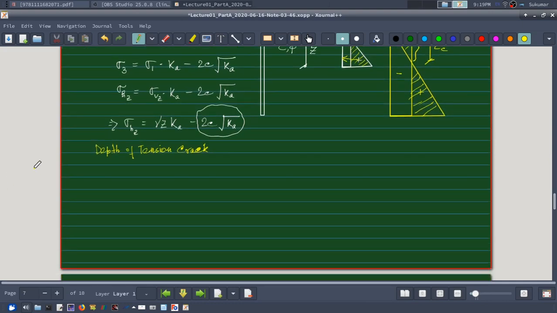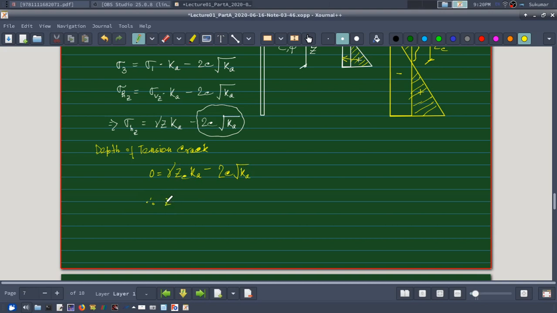this sigma h I will equate to 0, so I will have 0 equal to gamma into Zc into Ka minus twice c root over Ka if it is active earth pressure, and therefore I can solve it for Zc.